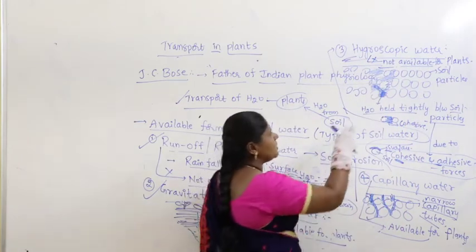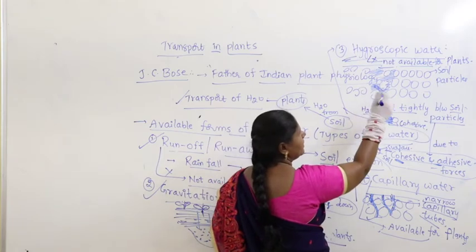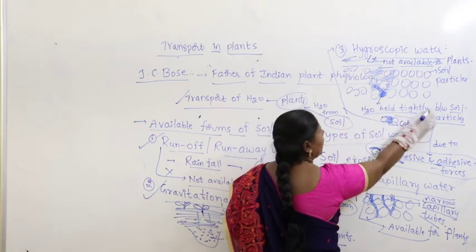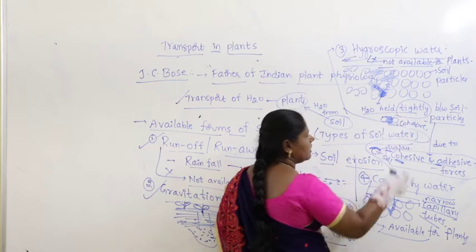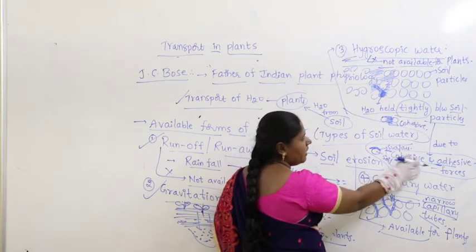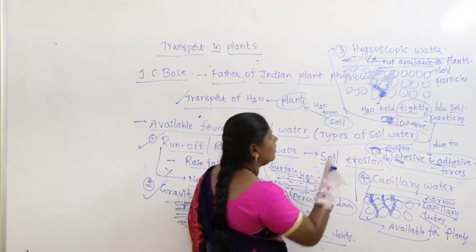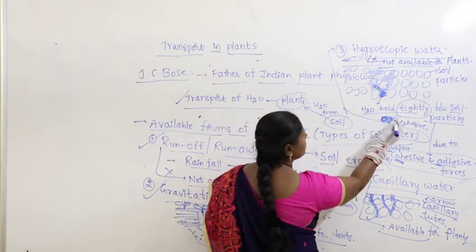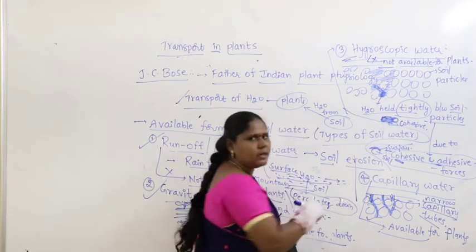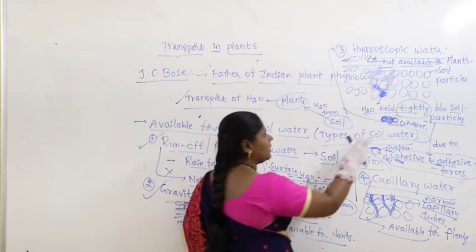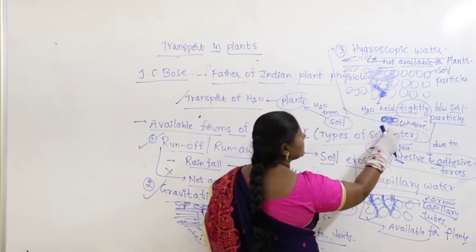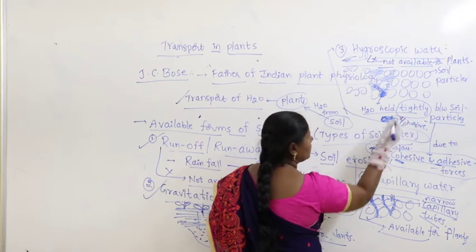Why? Because water is held tightly between soil particles by cohesive and adhesive forces. What is cohesive force here? Between two soil particles, the force that is there is called cohesive force.